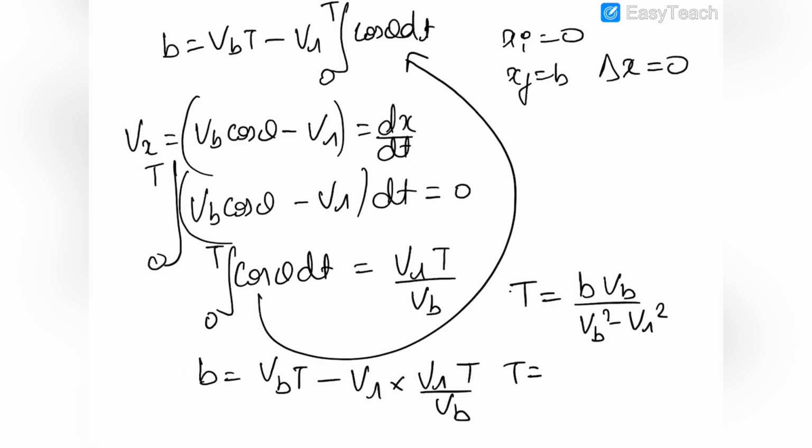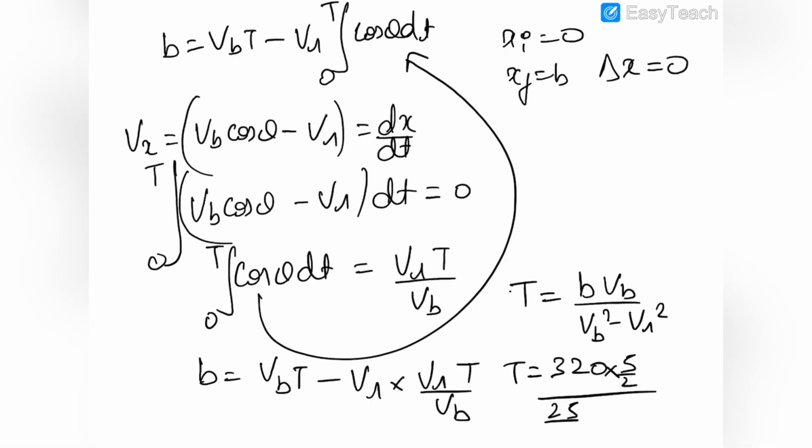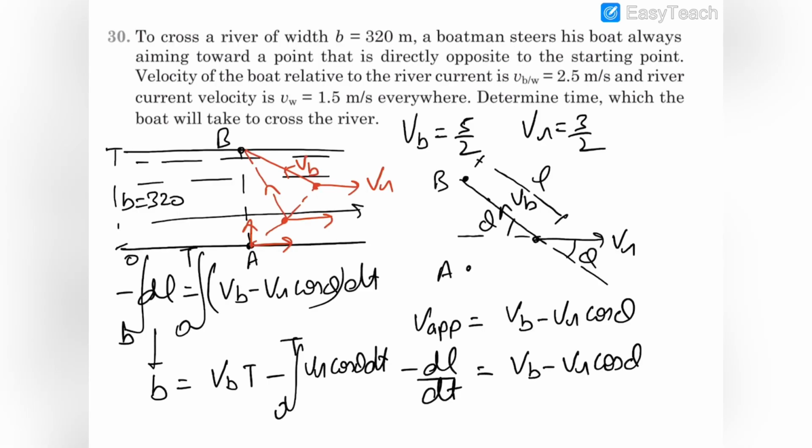So t will be equal to, B is 320, VB is 5 by 2, and VB square minus VR square will be 25 by 16 minus 9 by 16.